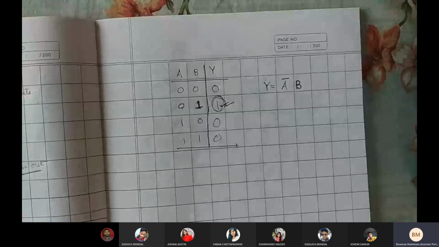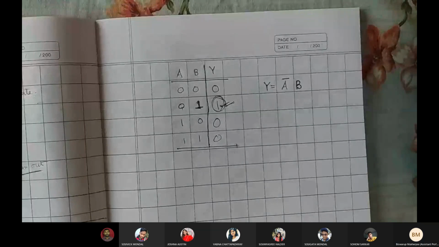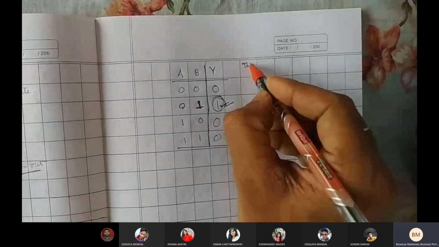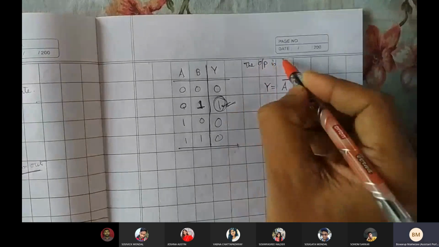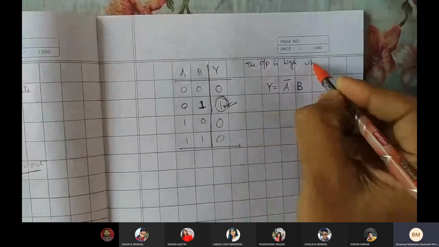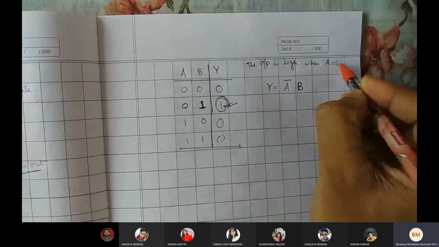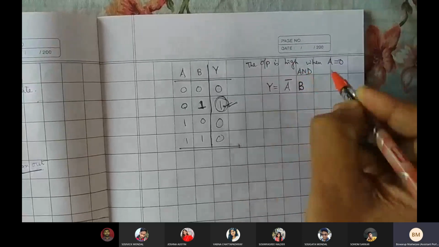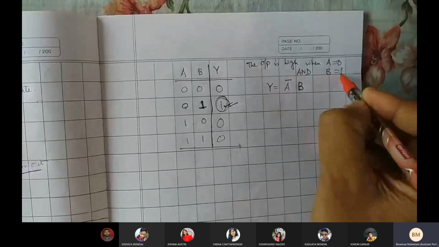And we can say logically, the output is high when A value equal to 0 and B value equal to 1. So what is the logic? The output is high when A value equal to 0 and B value equal to 1.